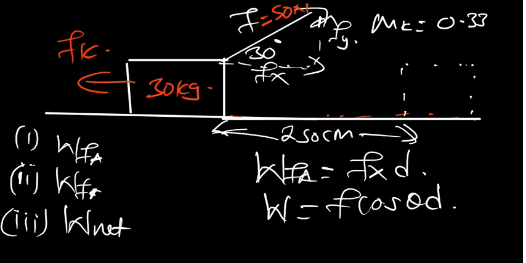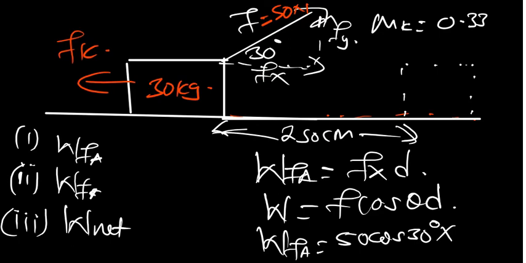Okay, now we can plug in the values. My work done by the applied force is equal to the force, which is 50, cos 30 degrees, times the distance, which is 250 centimeters. I have to change these centimeters into meters. So 250 divided by 100, what are we going to get? Those having calculators, it's 2.5, right?